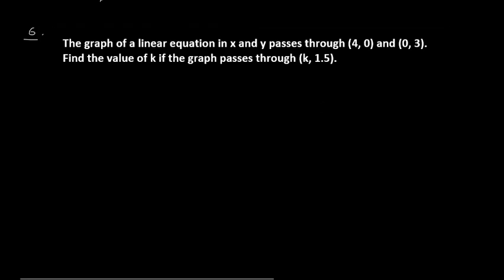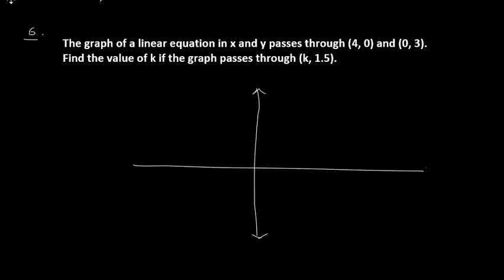For this, the graph of the linear equation in x and y passes through 4, 0 and 0, 3. So for that, we draw a graph. Let us draw the y-axis. A vertical line is difficult to draw. Okay, so like this is y and this is x.